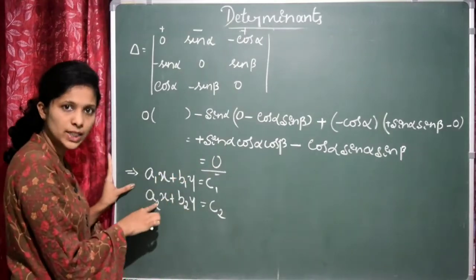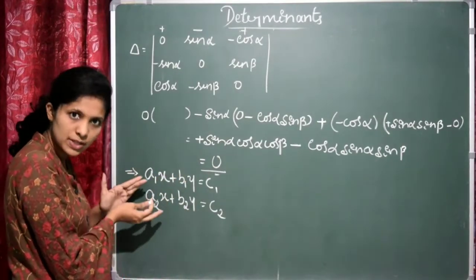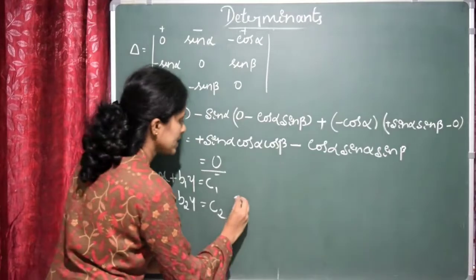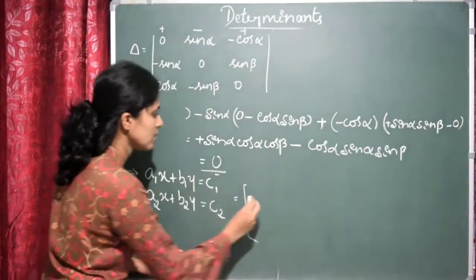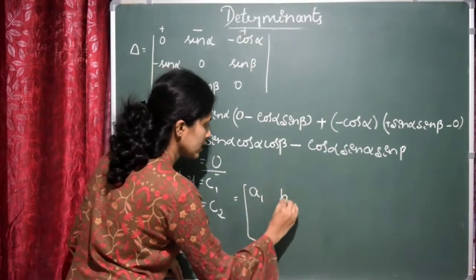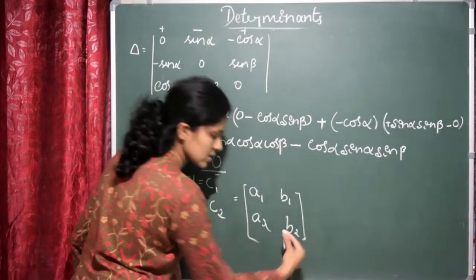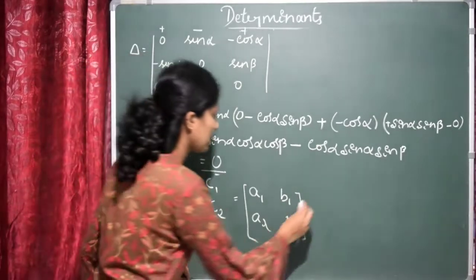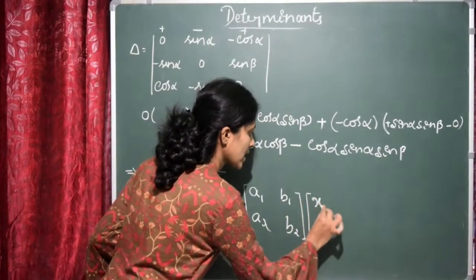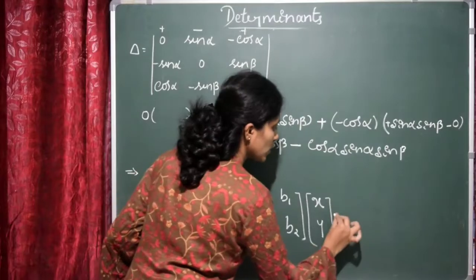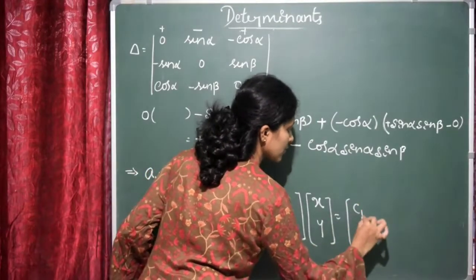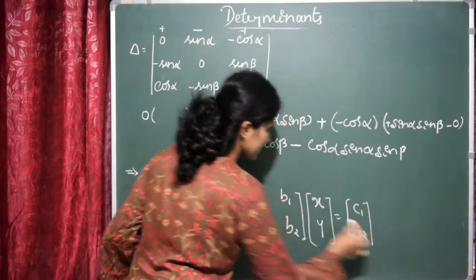These are the two linear equations, right? You can represent this as a matrix. That means I can write this as a1 b1, a2 b2, a matrix of order 2 by 2, multiplied with the variables x and y, equal to the constants c1, c2.